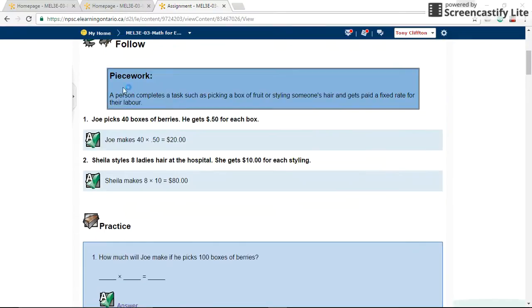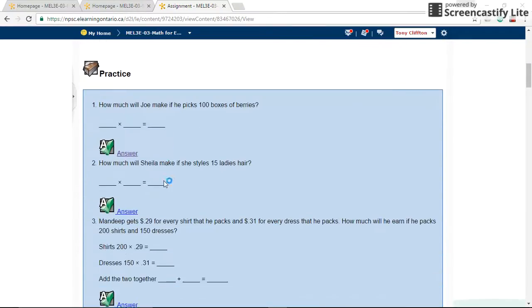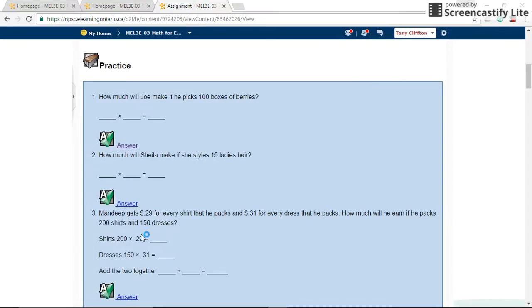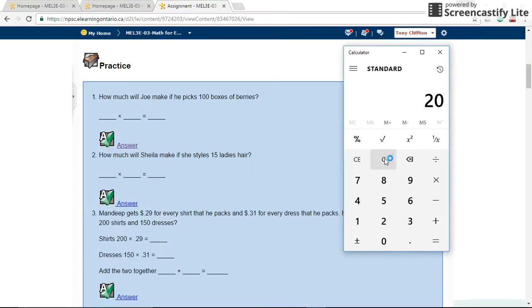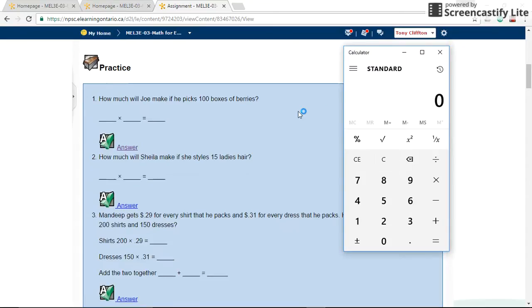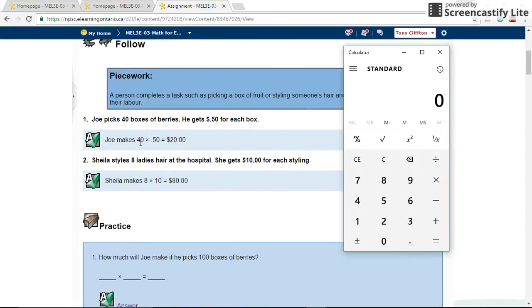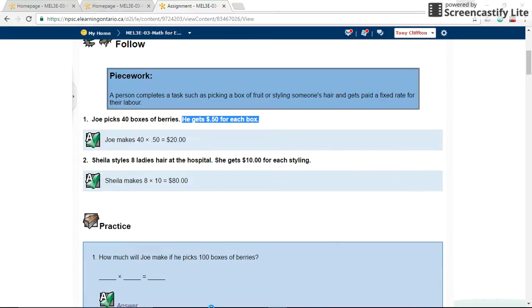So for piecework, here are the practice examples, and you should be able to figure these ones out. How much will Joe make if he picks 100 boxes of berries? So if I slide my calculator over, and I'm aware that Joe gets 50 cents for each box.